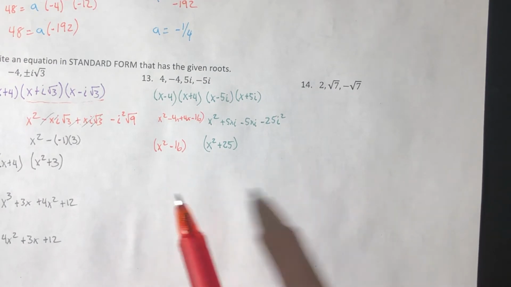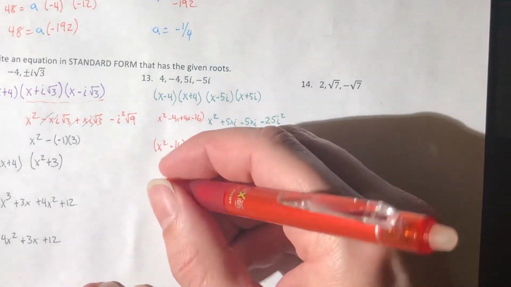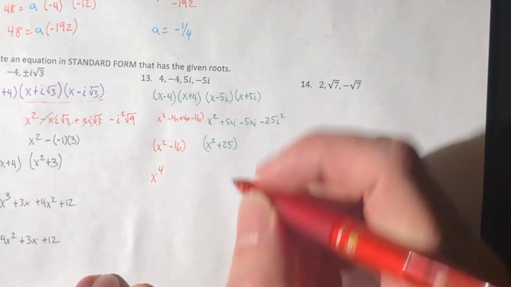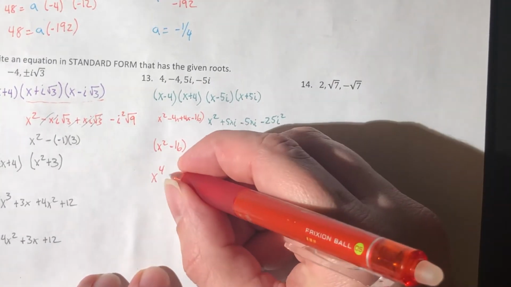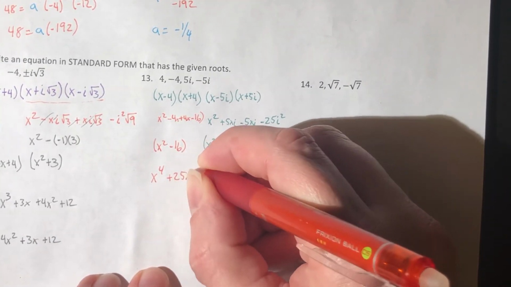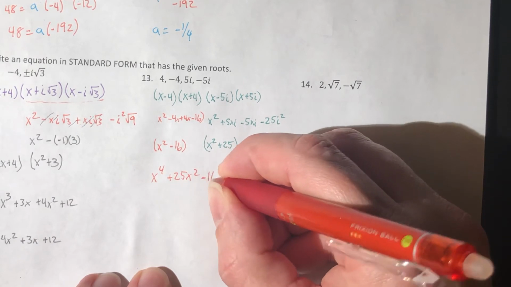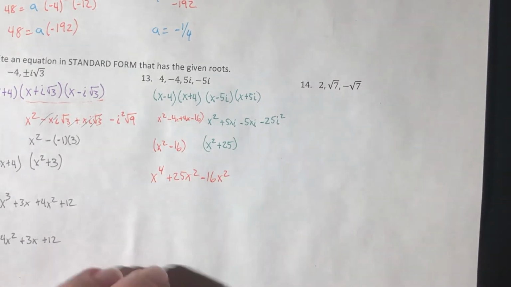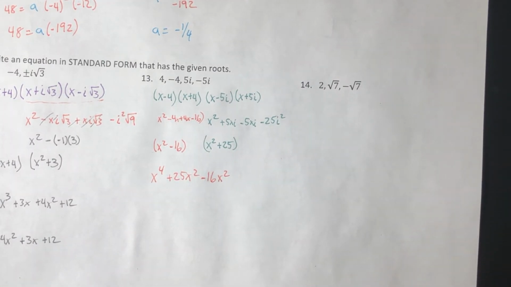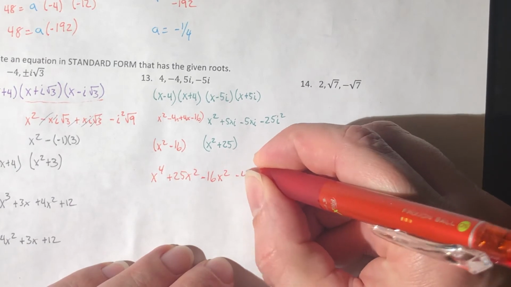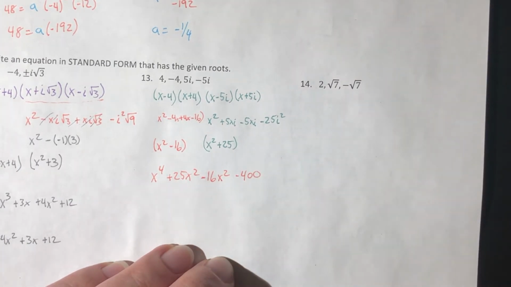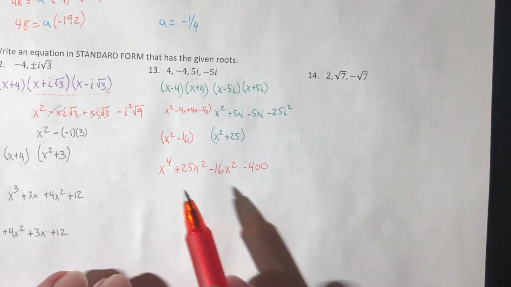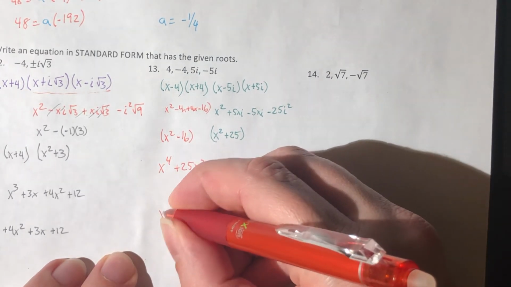Then I would need to FOIL these. x squared times x squared gives me x to the power 4. x squared times 25 is plus 25x squared. Then minus 16x squared. And then negative 16 times 25 is minus 400. Combine like terms.